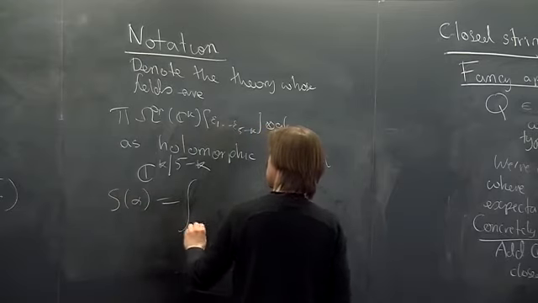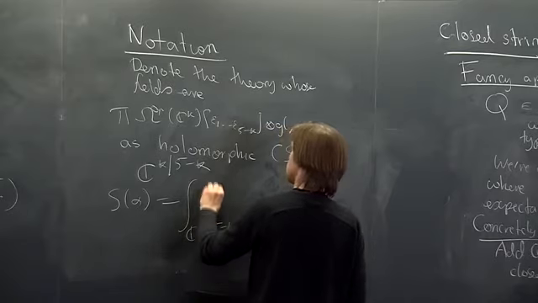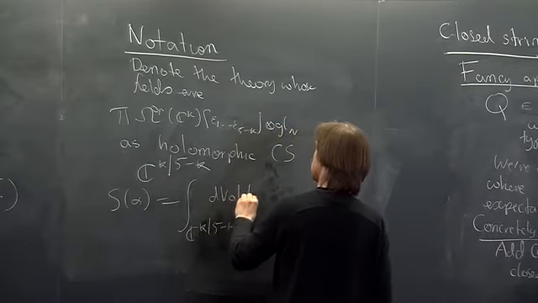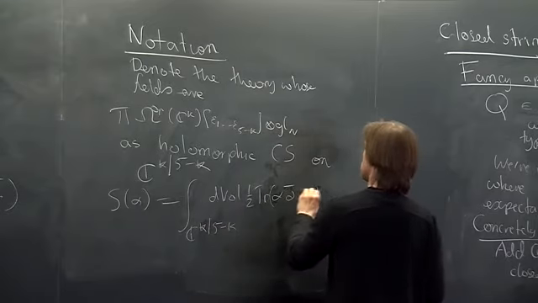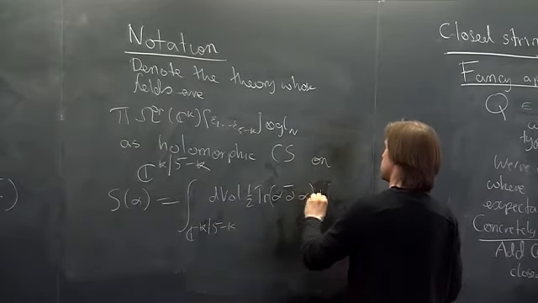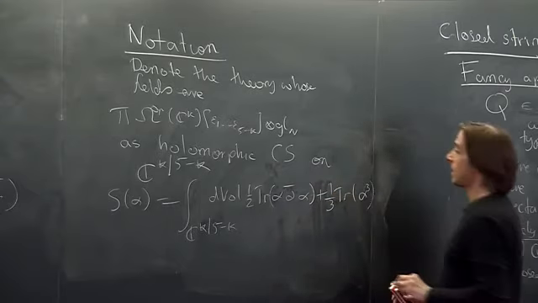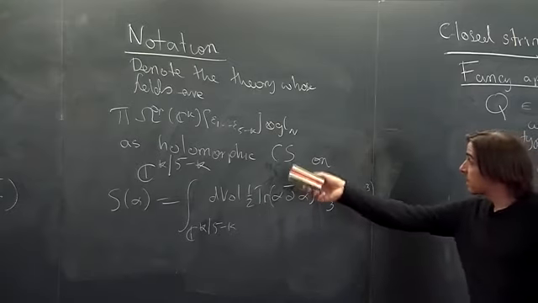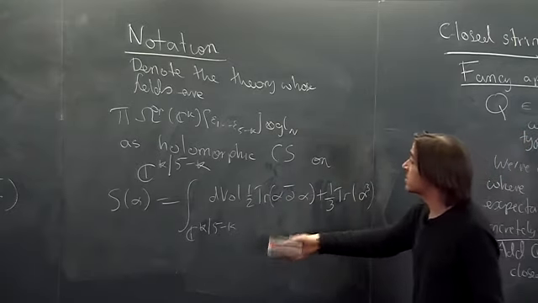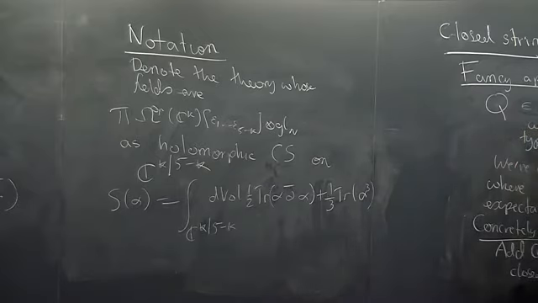It looks like this form. So the action looks as this holomorphic Chern-Simons form, and it is an open string field theory action. So we'll call it holomorphic Chern-Simons on C^5 minus K.